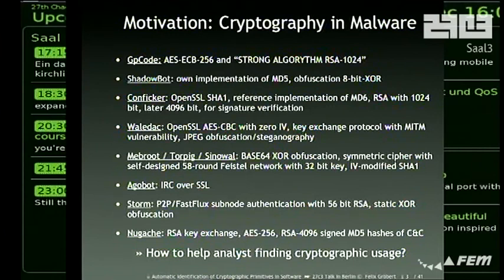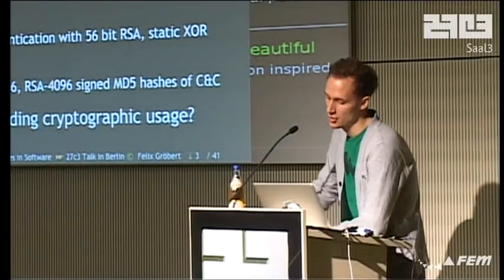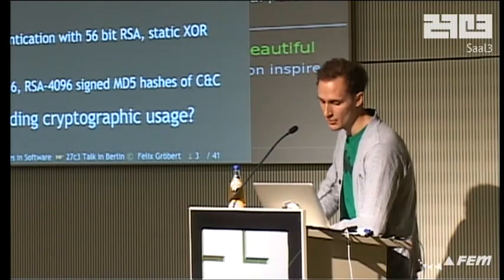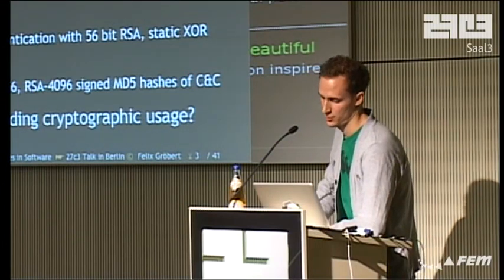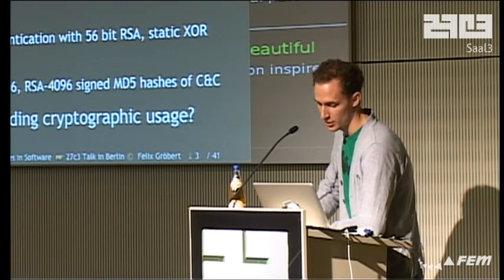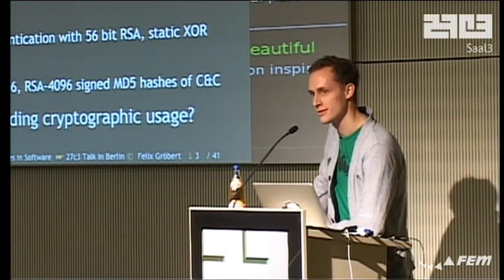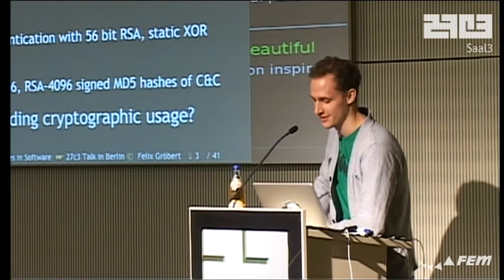So if you were a malware analyst and were to compute a SHA-1 over their packets, for example, you would get a different SHA-1 sum because they used different IVs, initialization vectors. Agobot used plain old IRC over SSL. Sometimes that works too. Storm had the very secure authentication of 56-bit RSA, which is not long enough.